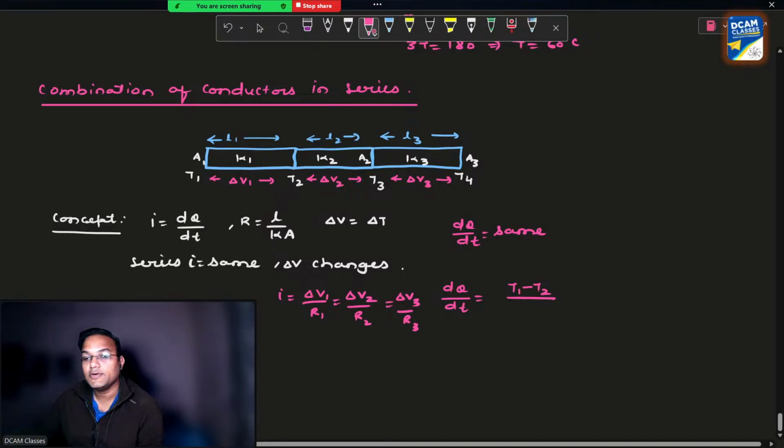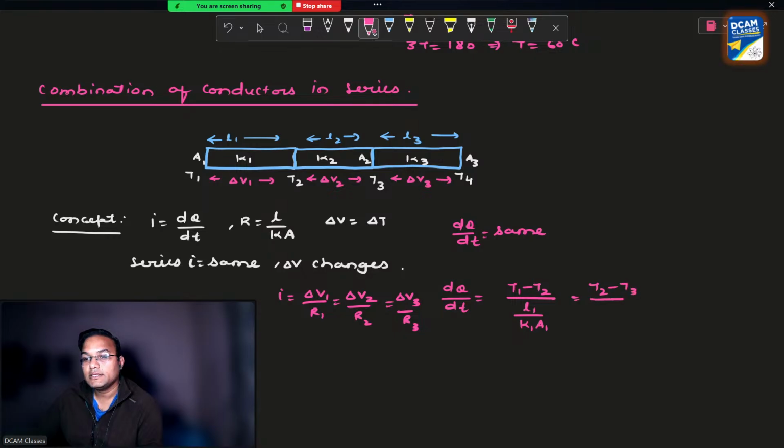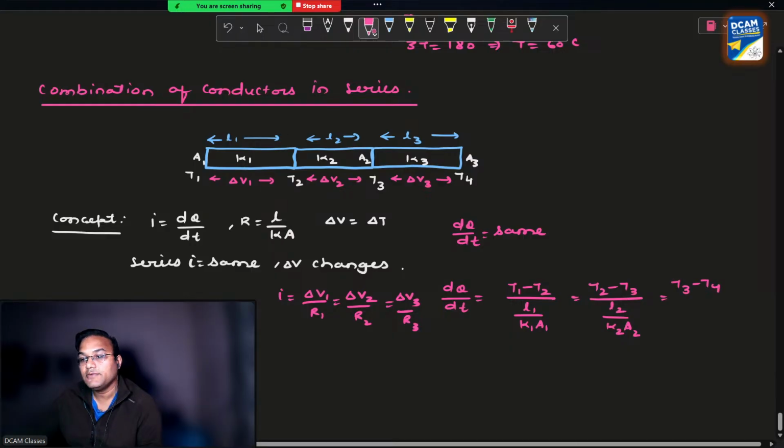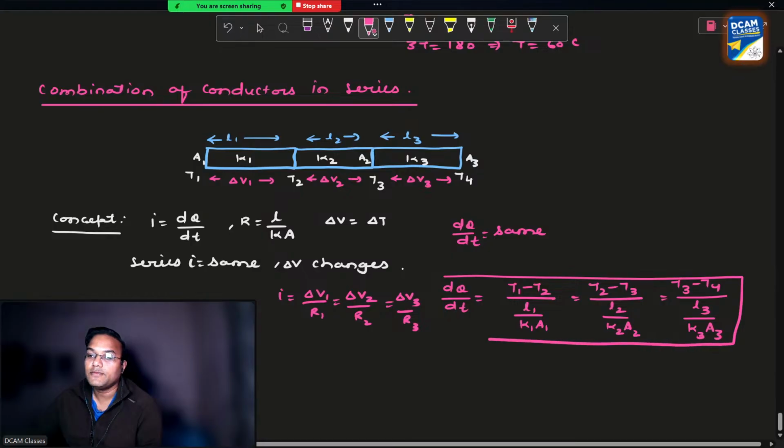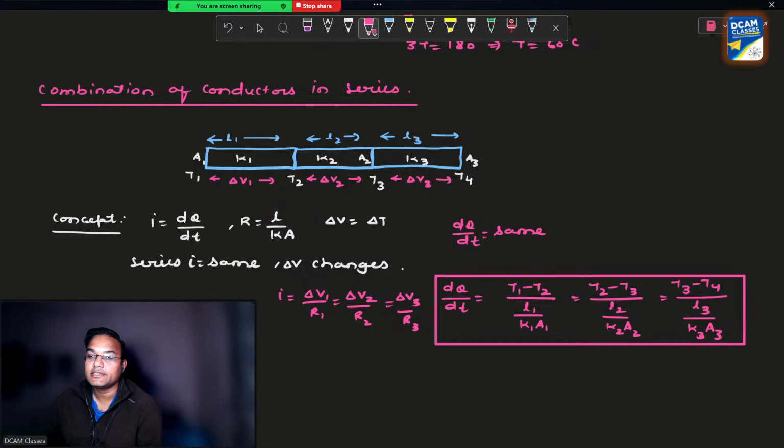So what equation can I write? T1 minus T2 by L1 by K1A1, T2 minus T3 by L2 by K2A2, T3 minus T4 by L3 by K3A3. See, you must be very comfortable in current electricity, series and parallel cases.